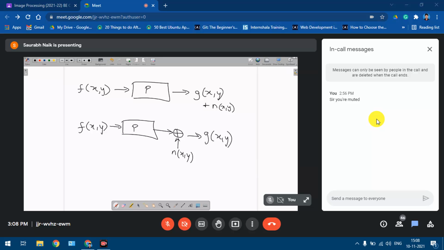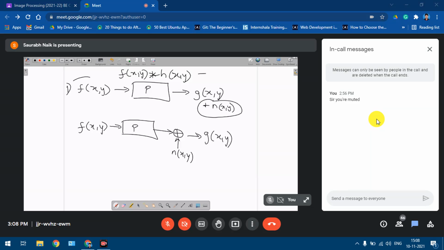In the first case, we could have a separate function to remove that noise and then do the image restoration. But in case it is not like this, we would have to adjust the convolution kernel. If you remember the equation, we can approximate this first one as a convolution between f of x comma y and some degradation function h of x comma y.